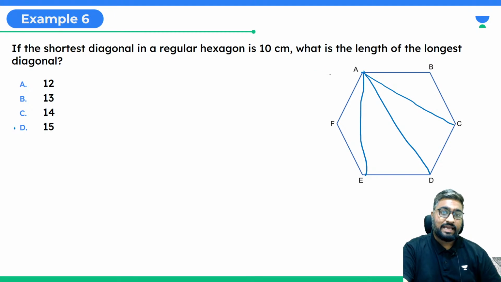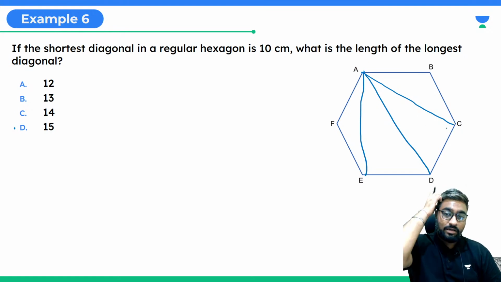Right, Vedansh. AC looks shorter, but AC is actually not the shortest diagonal. Yes, it looks like AC is the shortest diagonal, right? But it is not. If you look at this, what happens here? Since this is a hexagon, what is the interior angle of a hexagon? 120 degrees, right?